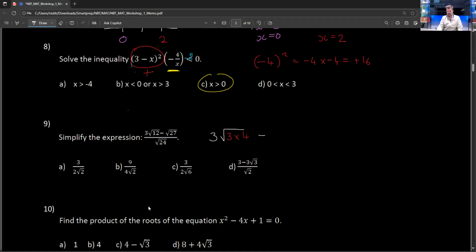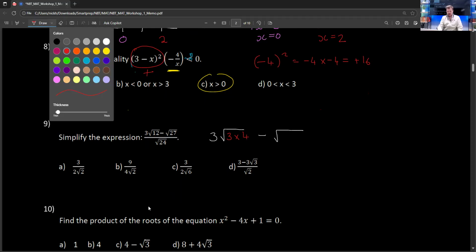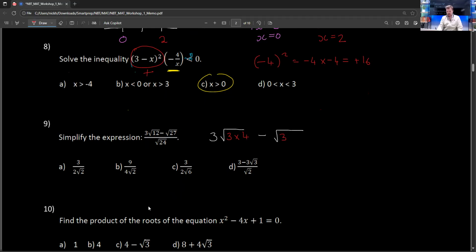And then the 27, well, a perfect square there would be 9, and 3 times 9 is 27. So I'm just going to turn that into that. Let me keep the bottom just so that you can see.